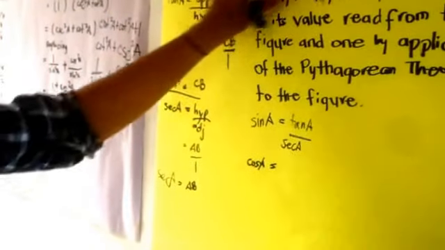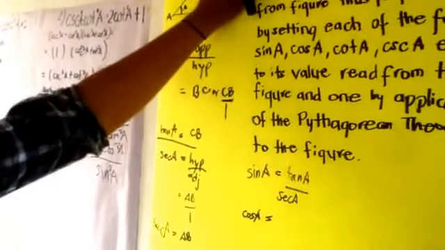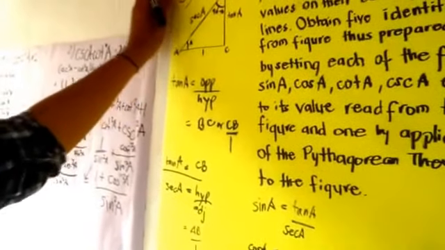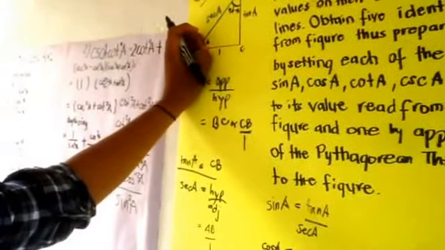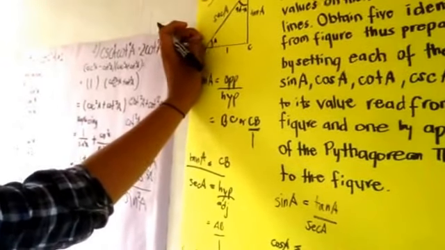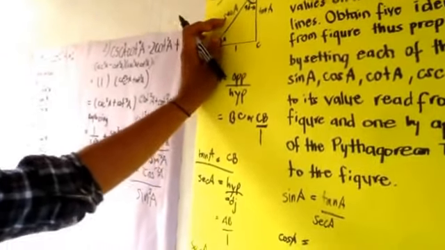And then we solve for cos A. Cos A is equal to adjacent side over hypotenuse.